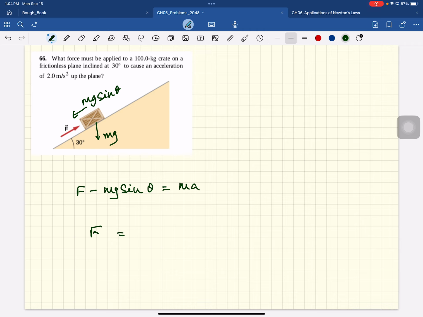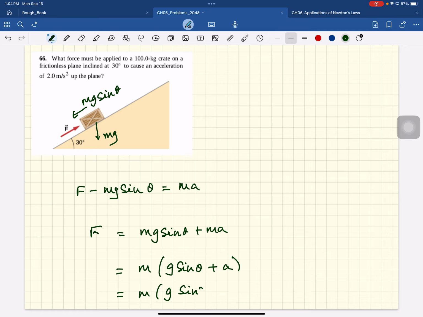So the force you need to apply is mg sine theta plus m times a. Okay, you had to apply this much to balance that force and this additional force to make it accelerate that much. Okay, you guys can solve that. Sine 30 plus a.